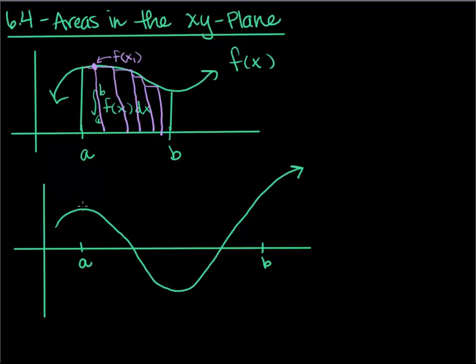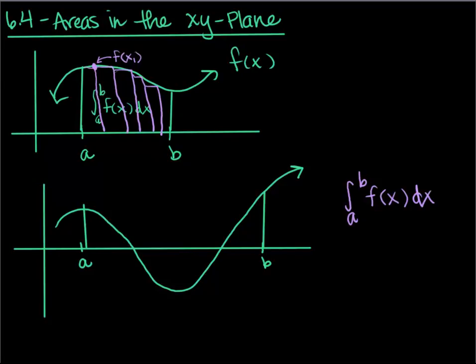I guess a is getting moved over a little bit. If I did want to integrate from a to b, what would actually happen here? What would the integral from a to b give me now that f of x is not positive, or non-negative? It's not the same thing, but for all purposes, it's the same thing.